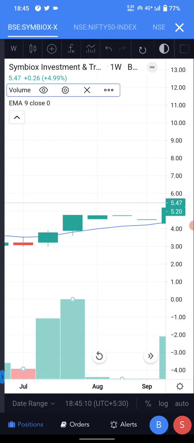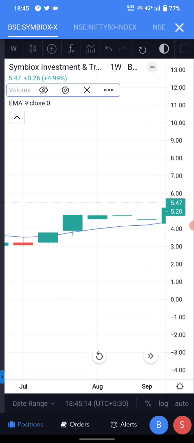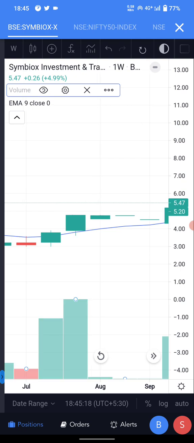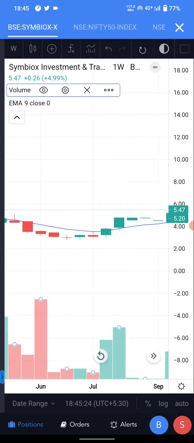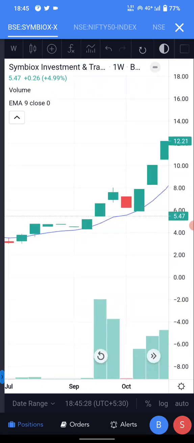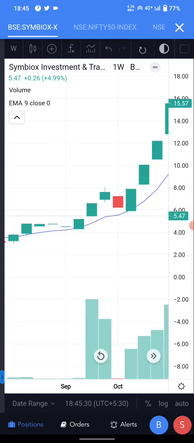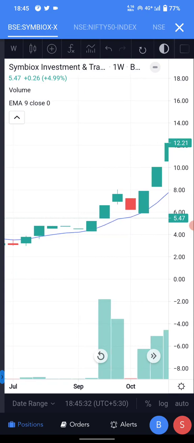For confirmation I am just making it invisible. You can see the candles were gone of this value. So the value you can see, right? This value gives the strength of the buyers, and the red candle gives the strength of the sellers. Now just look at the left of this screen.